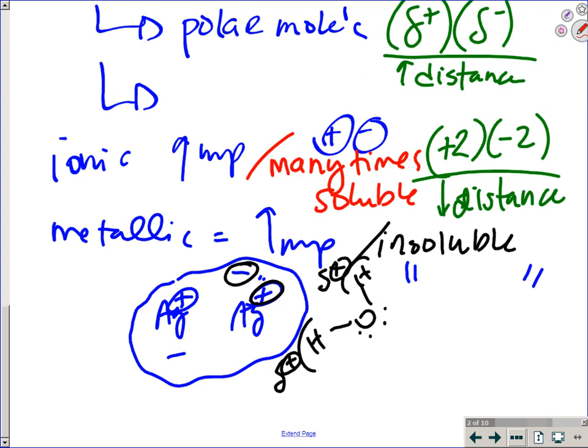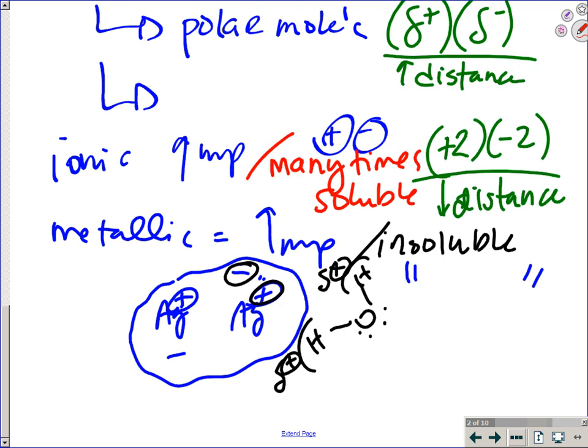So most of the time we can have water overcome this attraction. It is still a very strong attraction, but you don't have a network like this has. This has a lot of electrons around a given cation. In an ionic compound, you only have a set number of anions around the cation. So water can do some damage there and get it to dissolve.